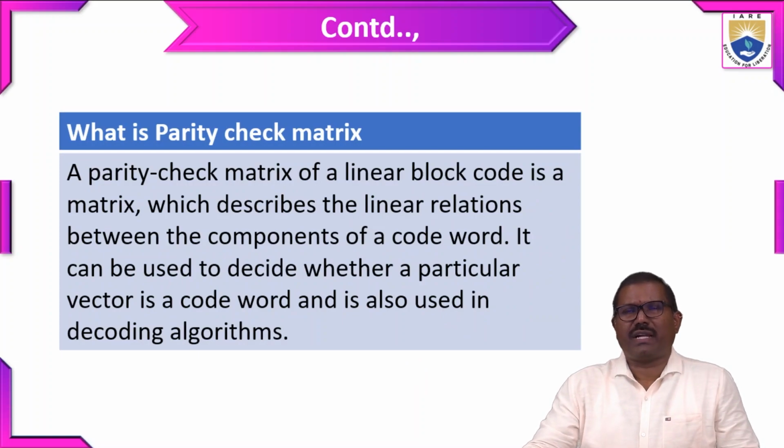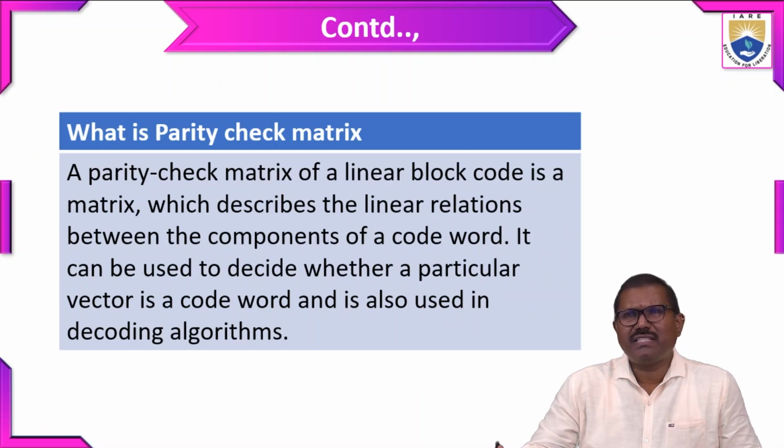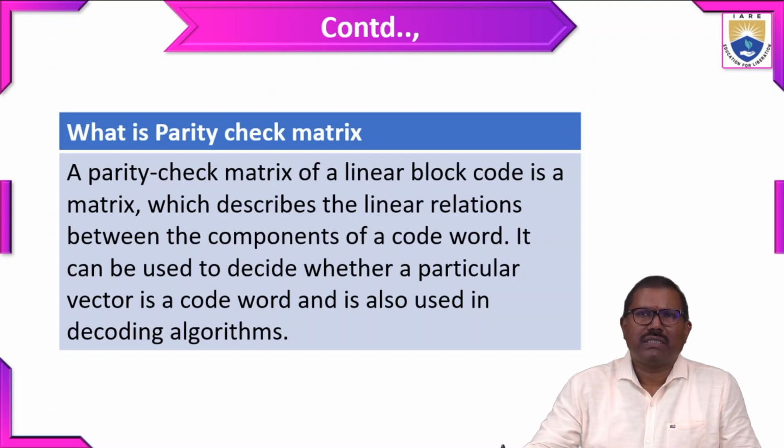What is the parity check matrix? A parity check matrix of a linear block code is a matrix which describes the linear relations between the components of a code word. It can be used to decide whether a particular vector is a code word and is also used in decoding algorithms.